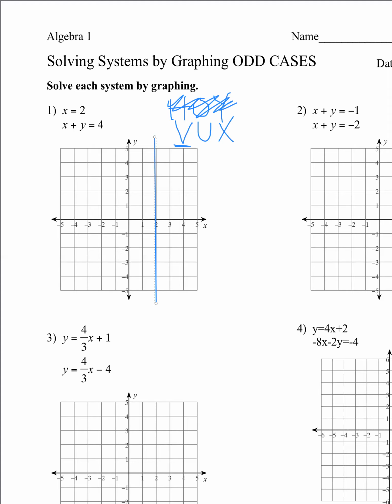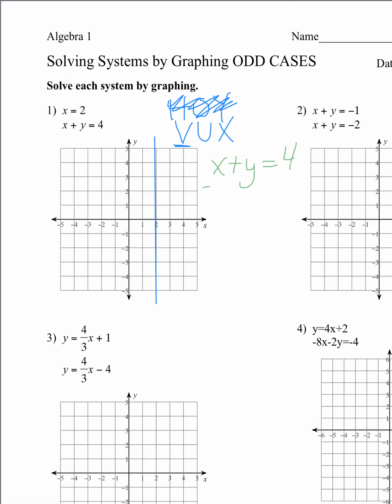Okay, now let's try the second one. We'll do that one in green. You could graph that by intercepts, if you remember. You could cover up the x and cover up the y, and they both come out as 4s, or you can rewrite it into slope-intercept form.